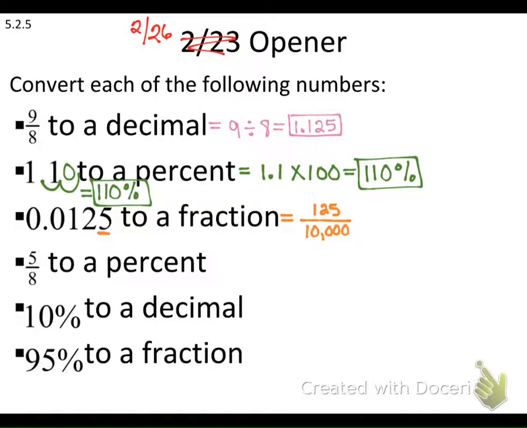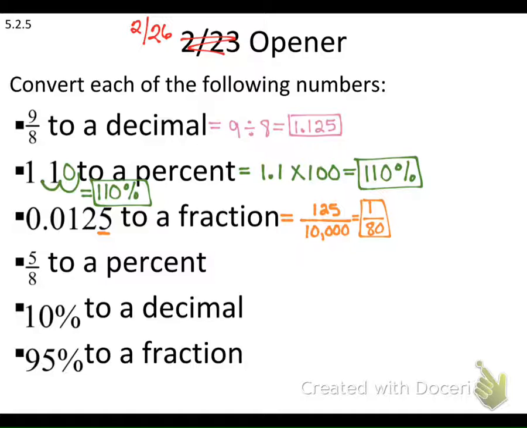Okay? And then the last step here is to simplify. Sometimes when you use the fraction button and you're simplifying, when it's 10,000, sometimes it gives you a decimal. This case, it does not. What does it give you as a fraction in simplest form? 1 over 80. Good. Now, let's say that it gave you a decimal.